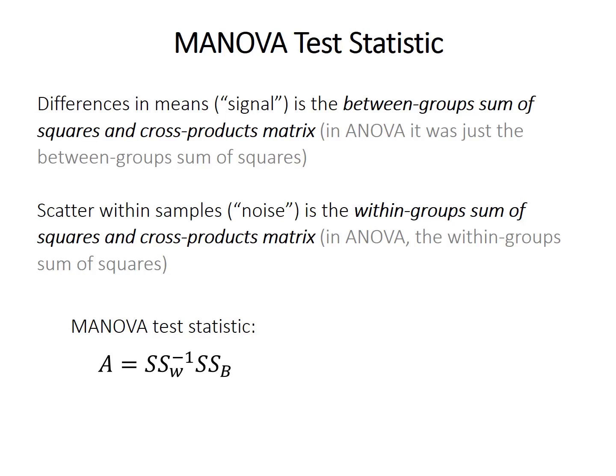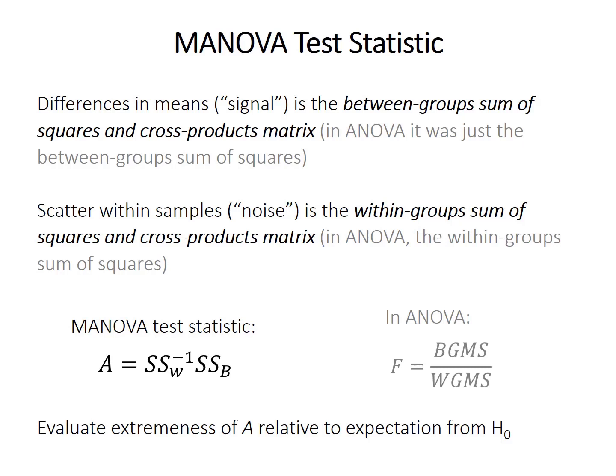Like in ANOVA, the test statistic is the ratio of the between groups to the within groups matrices, which gives us this test statistic A. Remember, in ANOVA, it was just the between groups divided by the within groups as well. On the left for MANOVA, it's written in terms of matrix multiplication, whereas they're not matrices, they're just numbers in the ANOVA.